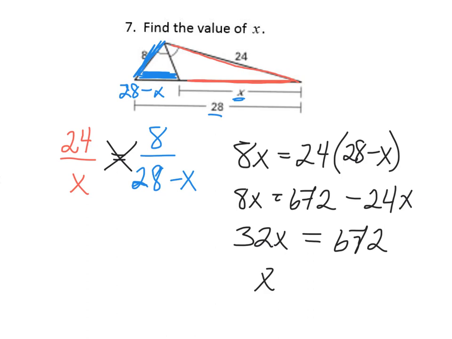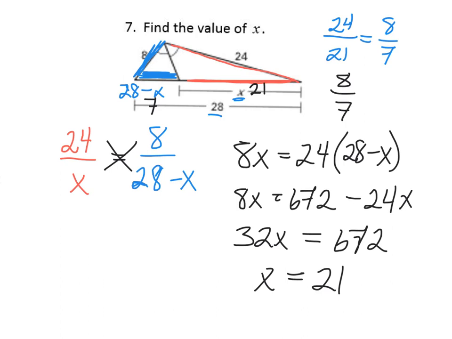And lastly, it looks like x is going to equal 21. So I really had 21 up here, which made this side over here 7, that shorter side. And now the last thing to do is just to check to make sure this is correct. My ratio would then be 24 over 21, and then to complete the proportion, it would be 8 over 7, which it looks like is correct because both of them obviously reduce to 8 over 7.